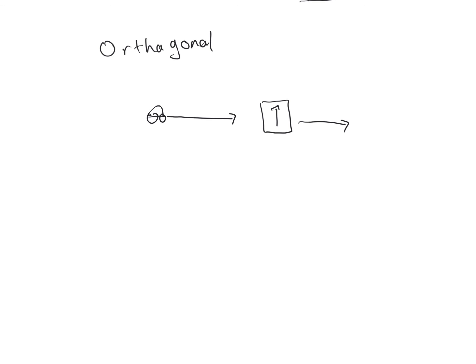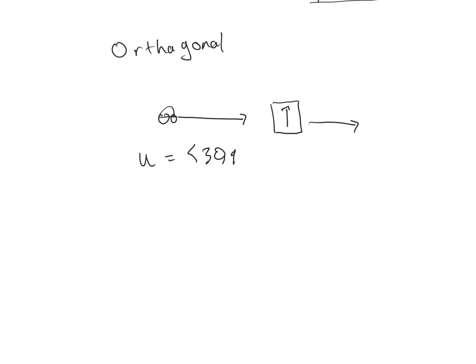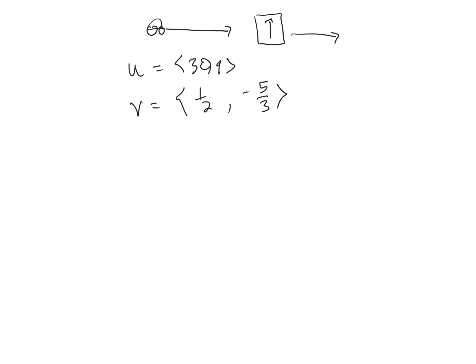Let's say u equals (30, 9) and v equals (1/2, -5/3). Let's see what we get with the dot product. The dot product is 30 times 1/2 plus 9 times -5/3.